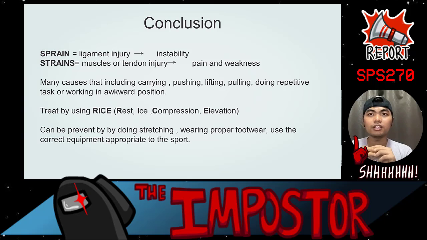The strain is a muscle or tendon injury that will cause pain and weakness in our body. The many causes include carrying, pushing, lifting, pulling, doing repetitive tasks or working in awkward positions, which can cause a sprain and strain.